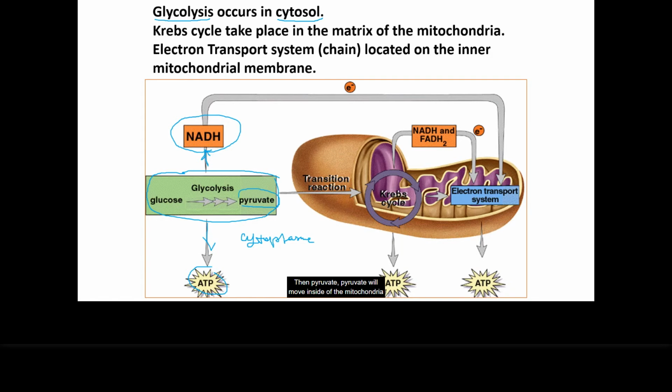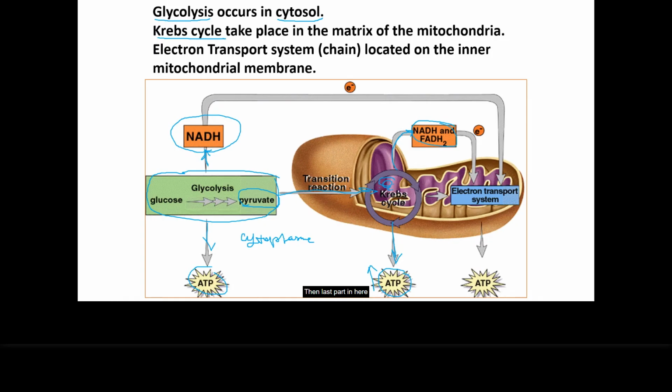Then pyruvate will move inside of the mitochondria, and the Krebs cycle will take place in the matrix of the mitochondria. During this Krebs cycle, we will produce a lot of ATP molecules, and we will produce several of these electron carriers or coenzymes.